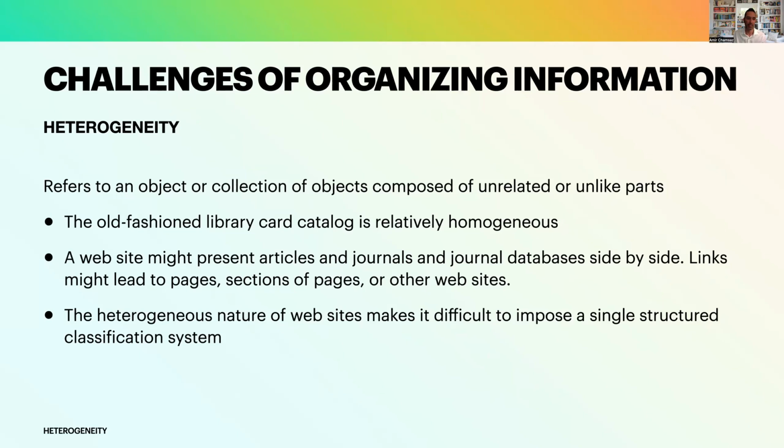Organizing them is going to be difficult. If you have a website that is heterogeneous, meaning it has all these different parts, structuring and organizing a single classified system can be challenging.